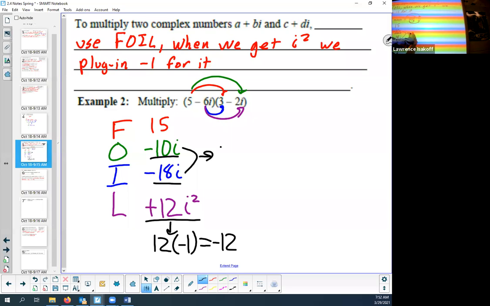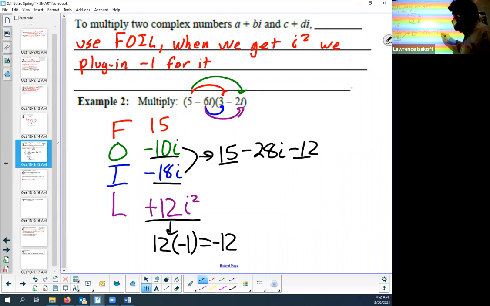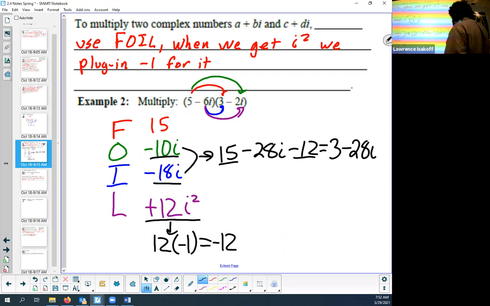So I could have 15 minus 28i minus 12. I go, oh, wait. Here, these are like terms as well, right? 15 minus 12 is actually just 3 minus 28i.